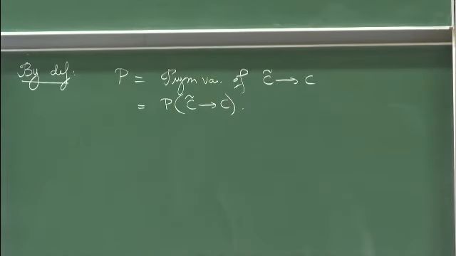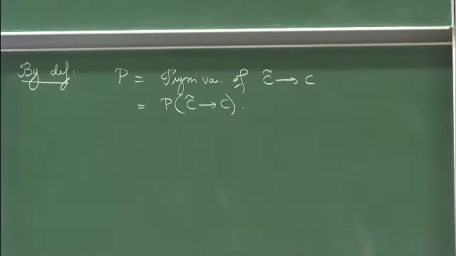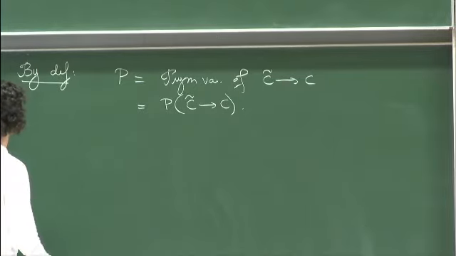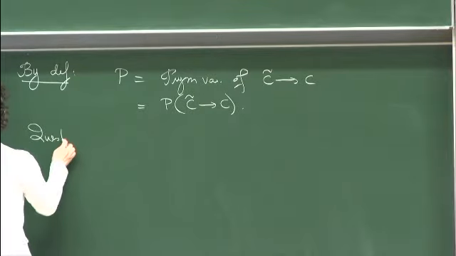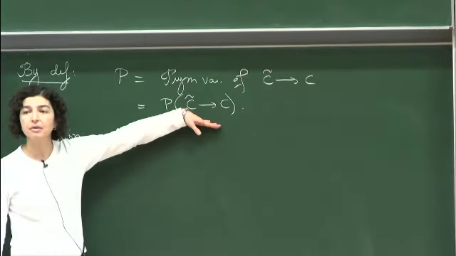Okay, so then you can ask the similar question that you can ask for the Torelli problem: does the Prym variety determine the double cover?